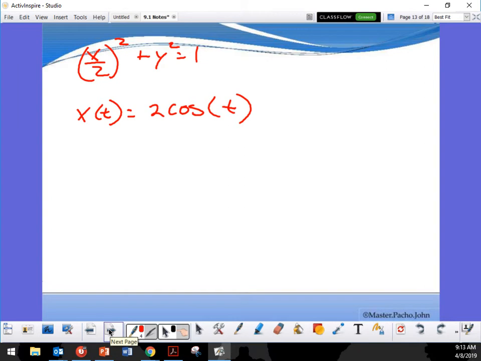So now what about that y? Okay. So y of t is going to be equal to sine of t, right? Because my r value in that case is 1, right?